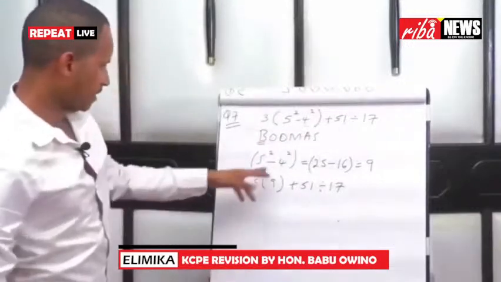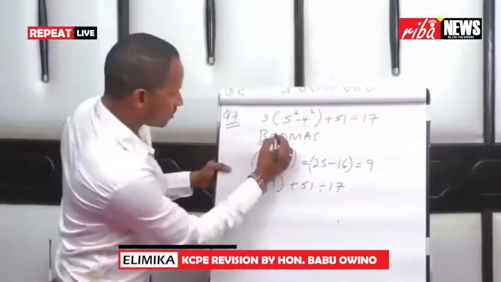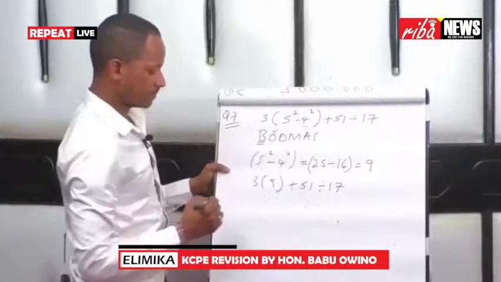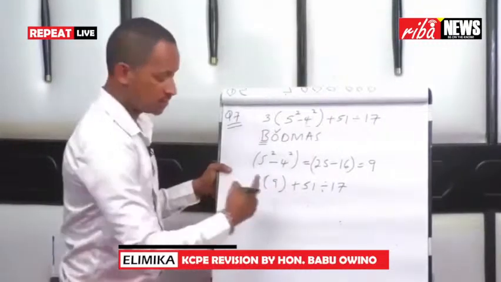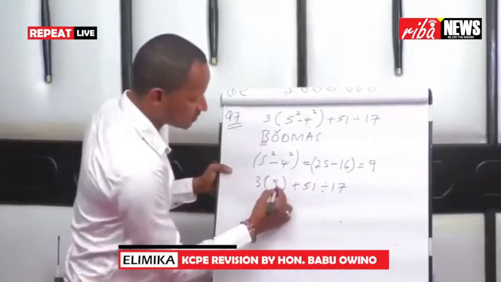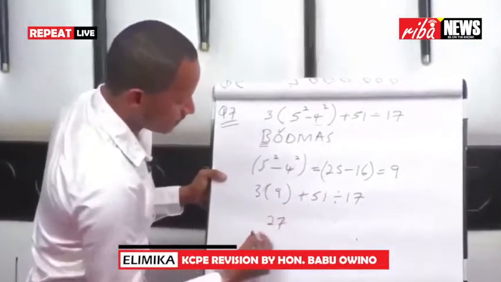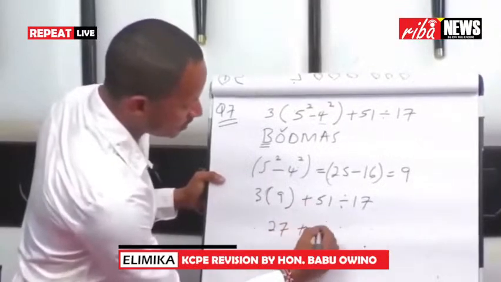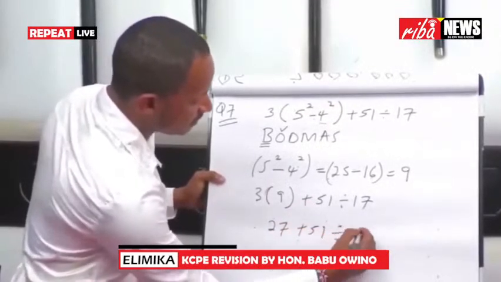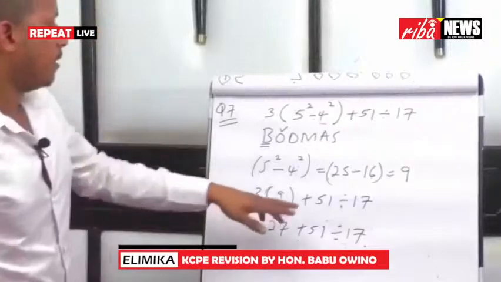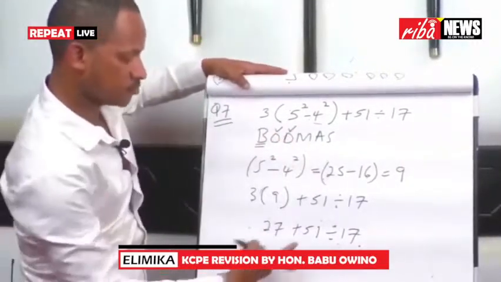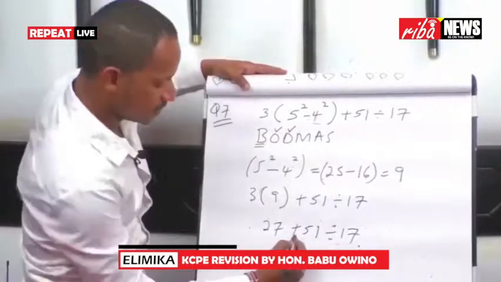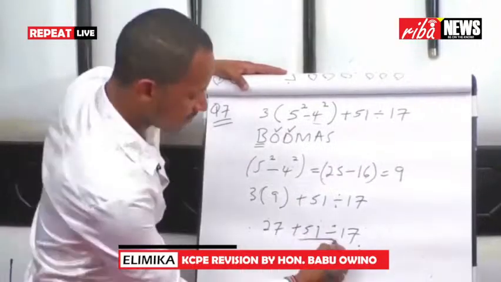Then the next one is of. So it is 3 of. This bracket 3 in bracket 9 means 3 of, so it means 3 times 9, which is 27. Then again, rewrite it, plus 51 divided by 17. We finish with of, then we go to division. So what is being divided here is 51 divided by 17.